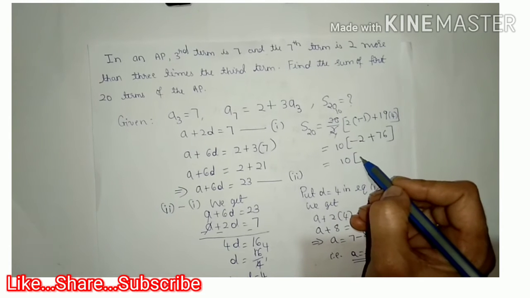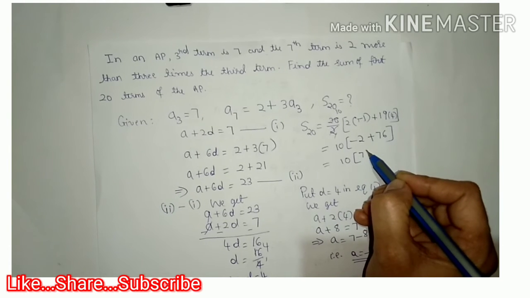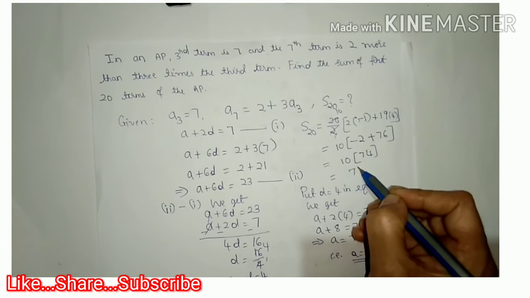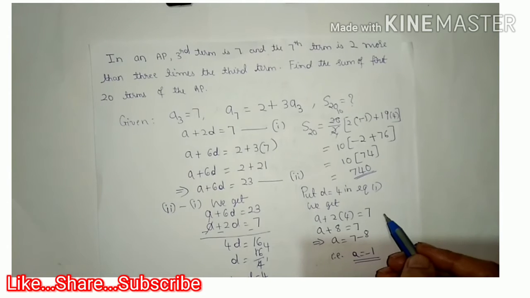Minus 2 plus 76 is 74. 74 into 10, 740. S20 is 740.